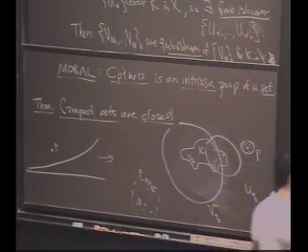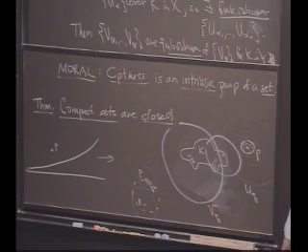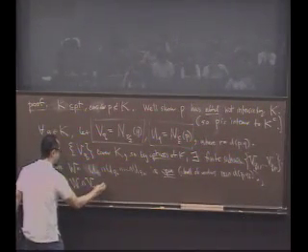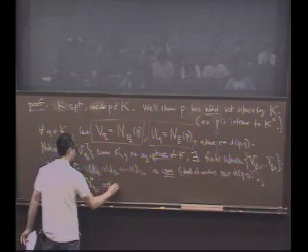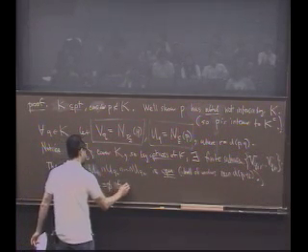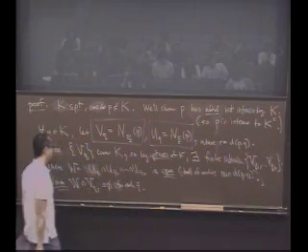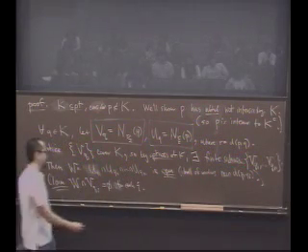So this is the part where it takes a little bit of work. So the claim is W intersect each V sub Qi is empty for each i. And why is that?